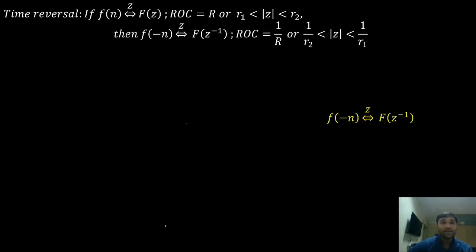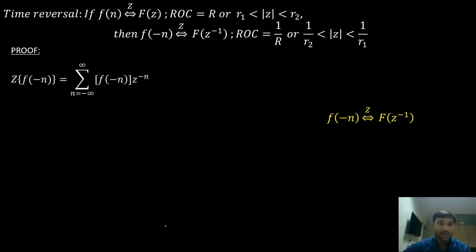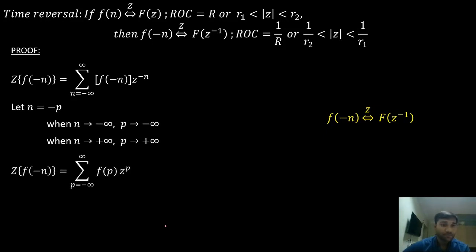Now we look at the time reversal property. I'll find the z transform of f of minus n. In place of n, I'm going to replace minus p, and my limits will change accordingly.